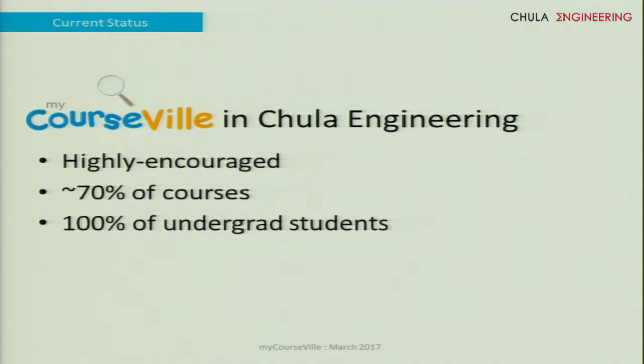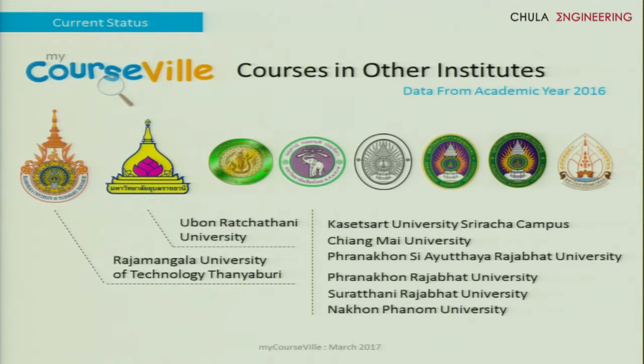At our home base, Chula Engineering, we cover around 70–80% of the courses. Some of you might wonder why not 100%, because like I said, the culture here is that we will not force instructors to do things, but we encourage. So on a voluntary basis, we cover around 70–80% of the courses and 100% of undergrad students.